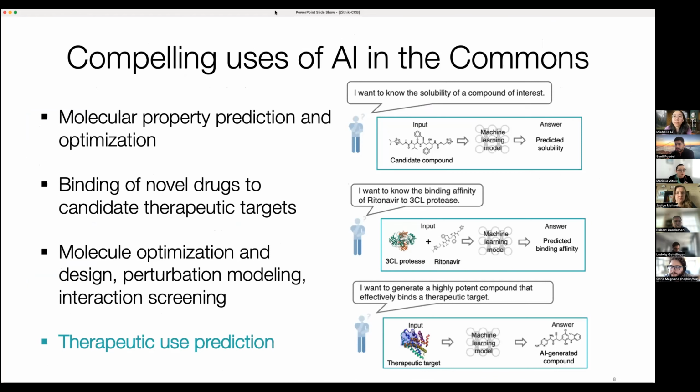And those include tasks in early drug design, including molecular property predictions and ADMET optimization, modeling of geometric structure and binding of novel drugs to candidate therapeutic targets, as well as optimizing molecules in both local and global sense to change their design and change their structural properties that would maximize the profile of the molecule towards being most acceptable and desirable for a specific downstream endpoint.